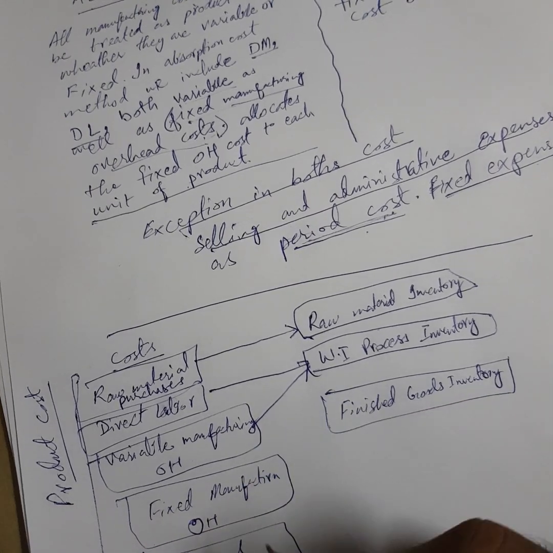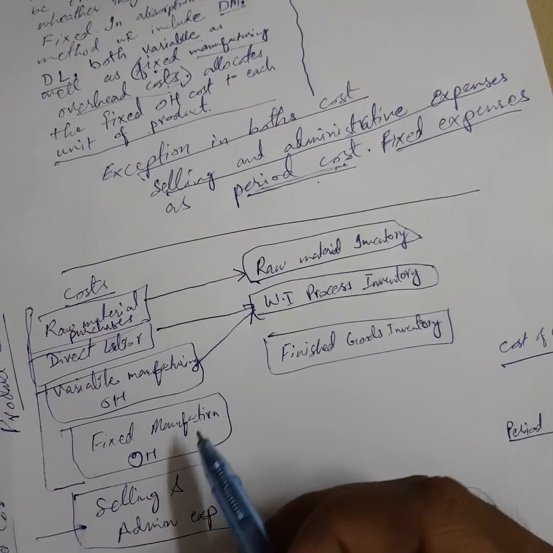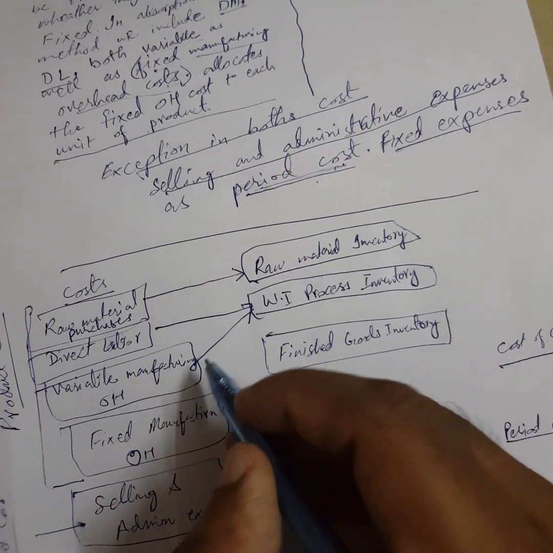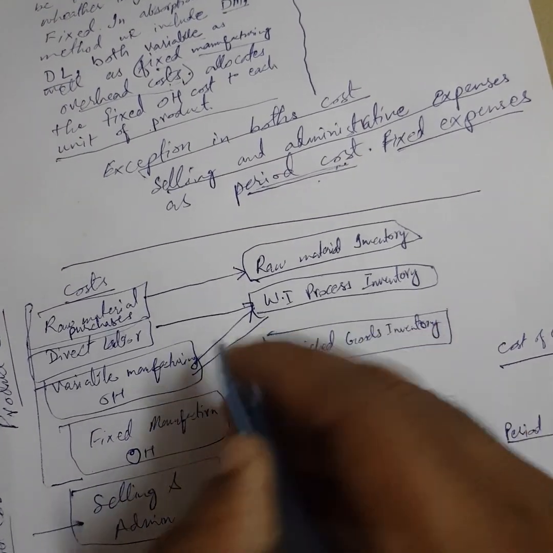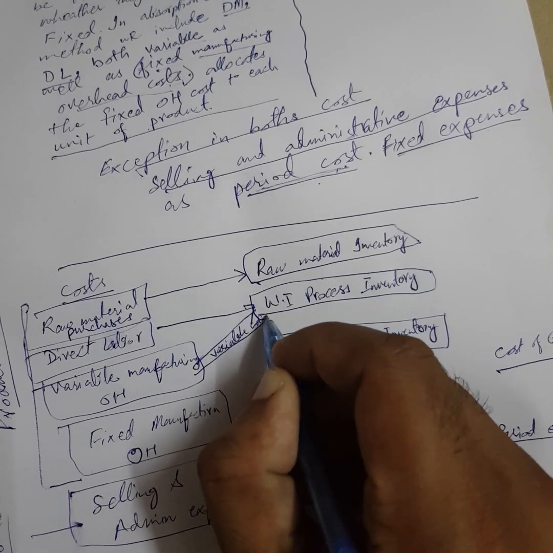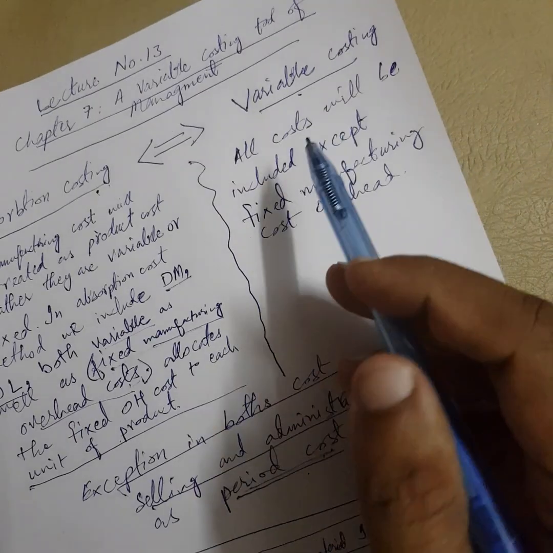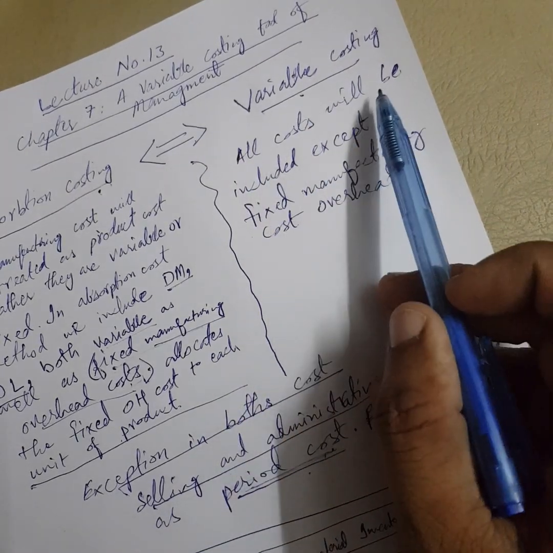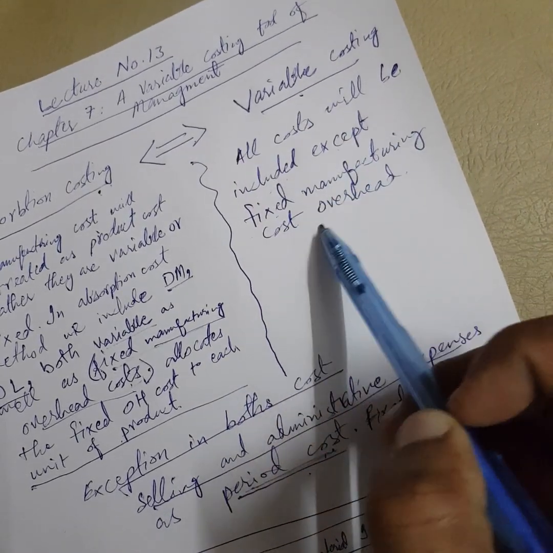Now, from where will the concept of fixed manufacturing overhead come? Till this point, it is variable costing. As we already discussed, in variable costing all the costs will be included except fixed manufacturing cost.